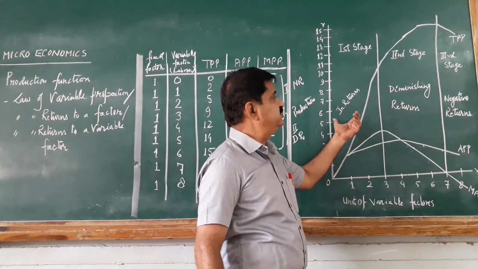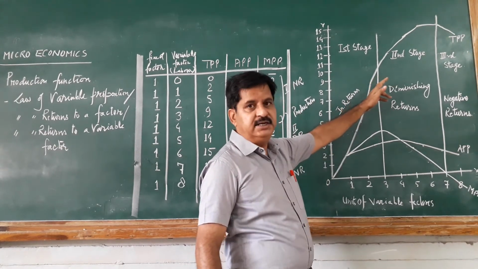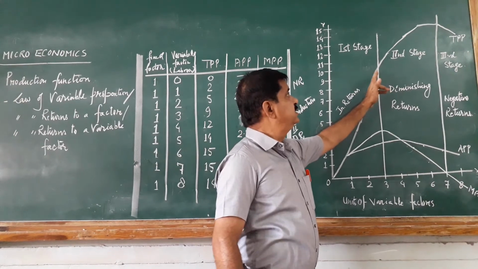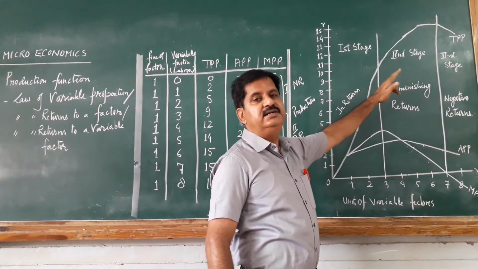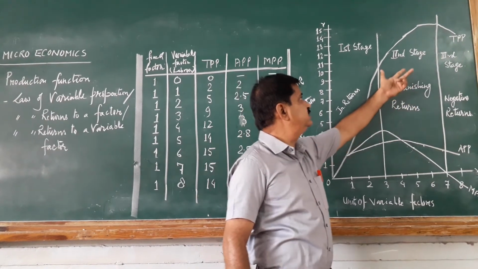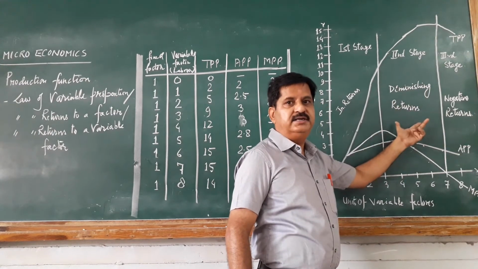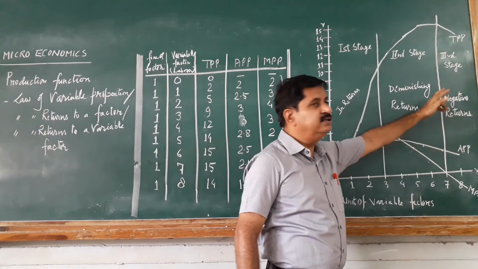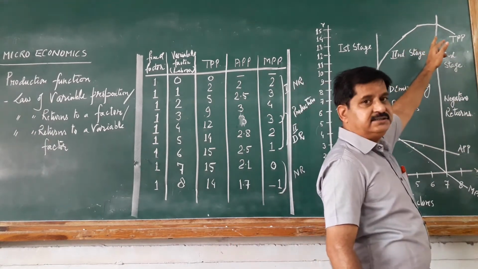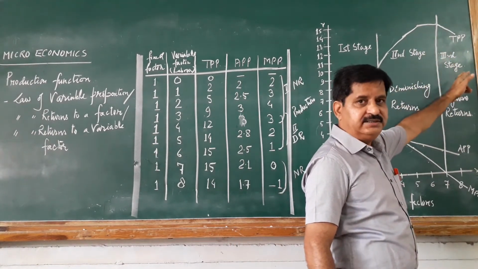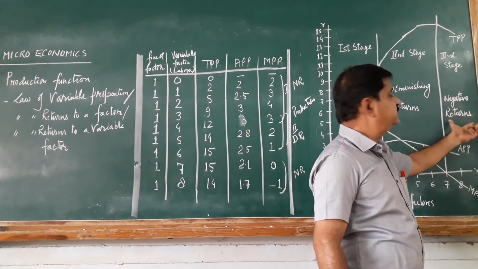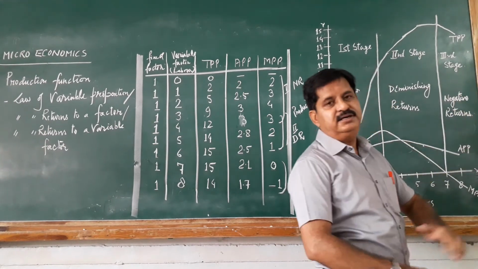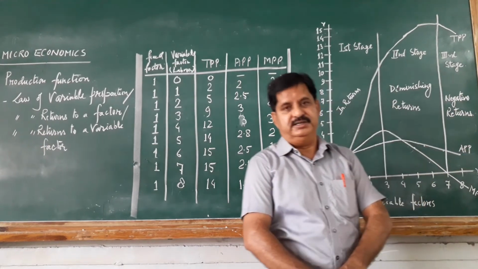This is the first stage. In the second stage, we see the total production is increasing but increasing at diminishing rate. This is the second stage and we call it the stage of diminishing returns. Then the third stage. After that, TPP is falling. This is called the third stage and it is called the stage of negative returns.